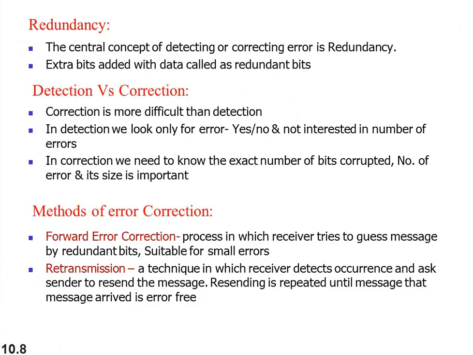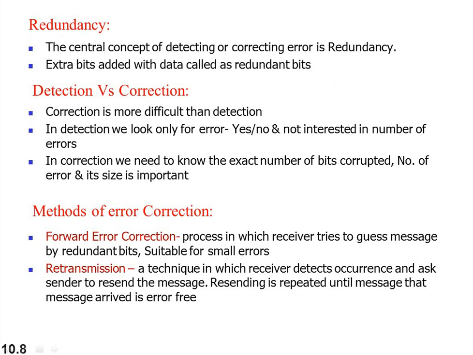There are some important concepts related to error. The first one is redundancy. Redundancy is the central concept used for detecting and correcting errors. Bits are added to the data as redundant bits, and these bits are used to detect and correct the errors. Now what is the difference between detection and correction?